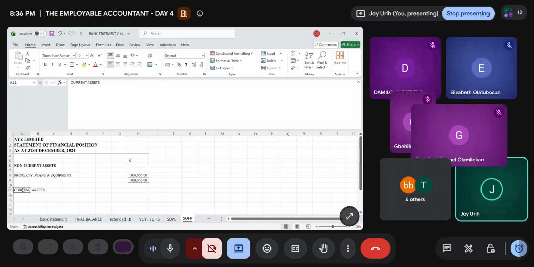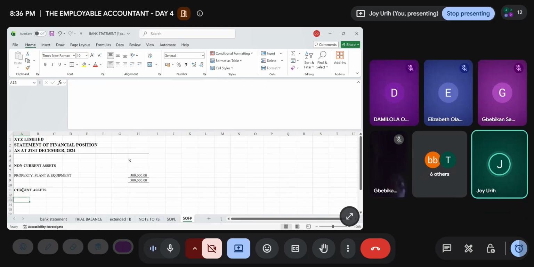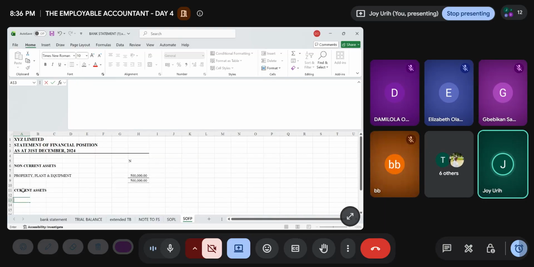Current assets. So the current assets we have here is bank balance, or we can call it our cash and cash equivalents.